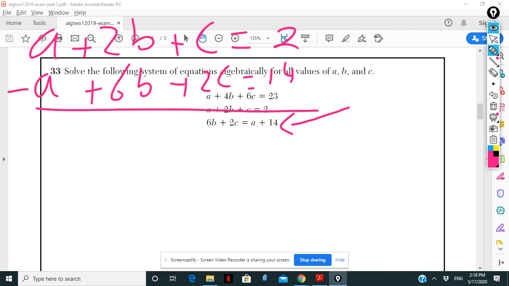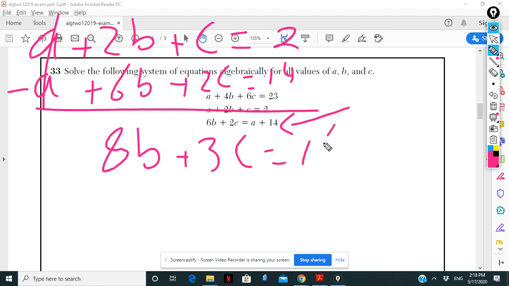Now I'm going to add the two equations because of the negative, so they cancel out. 2B plus 6B is 8B. C plus 2C is 3C. 2 plus 14 is 16. So 8B plus 3C equal to 16.